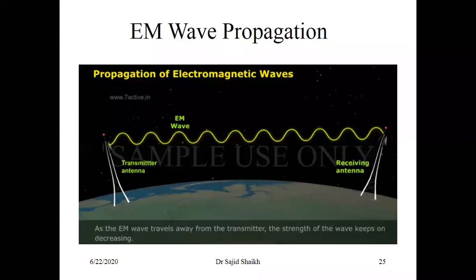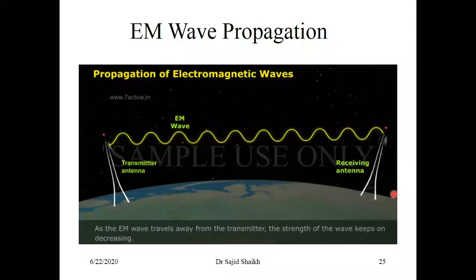Here I am showing one transmitter and one receiver, and I am transmitting an electromagnetic wave from the transmitter to the receiver. In this diagram, you can observe the curvature of Earth, the transmitter antenna, and the receiving antenna. In this manner, the normal propagation of the wave will occur.